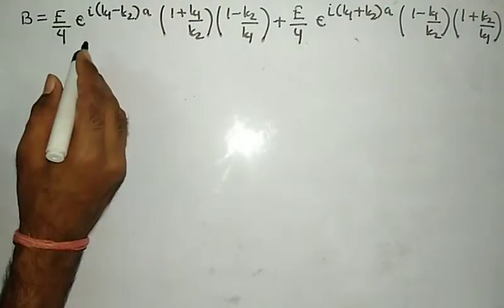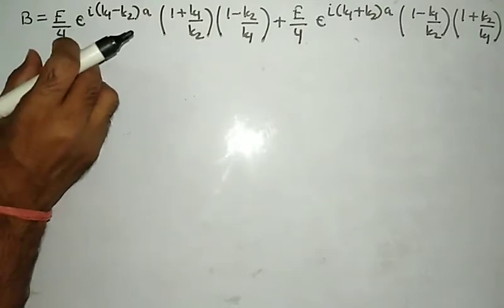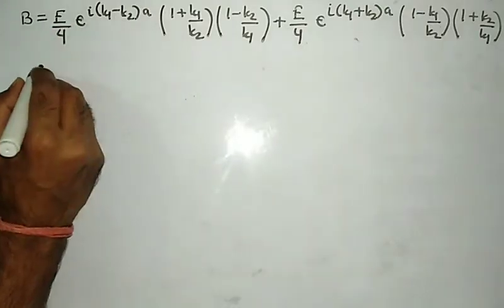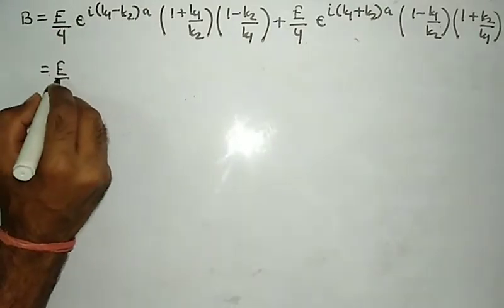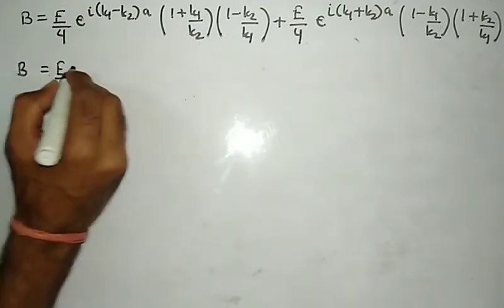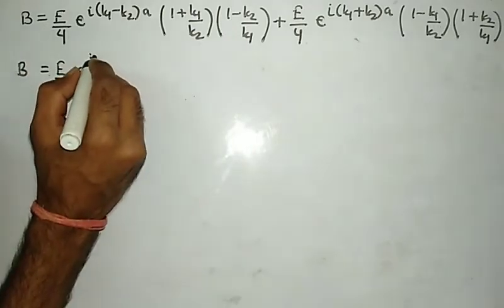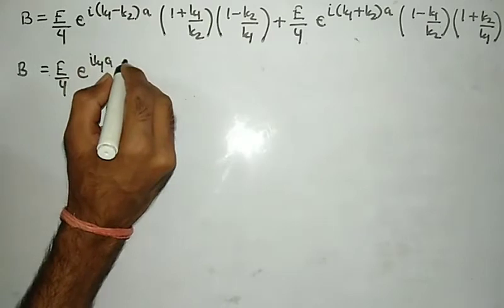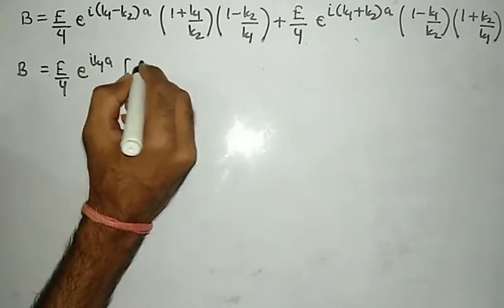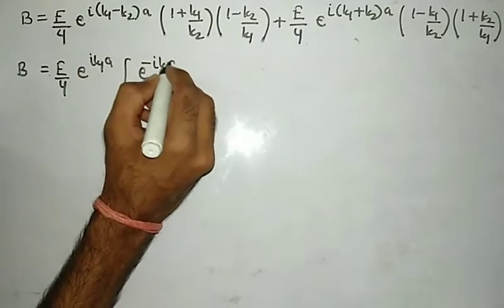Okay, now taking some common, E by 4 e to the power i k1a is common, so e to the power minus i k2a.